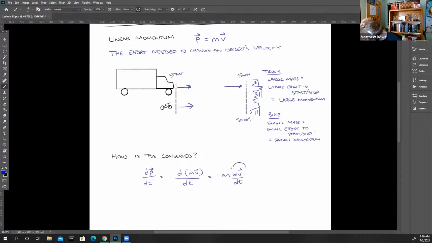And now what is this term? Change in velocity over the change in time, or a small sliver of velocity over a small sliver of time. That is acceleration. So that is mass times acceleration. So we can go from momentum directly into a force.